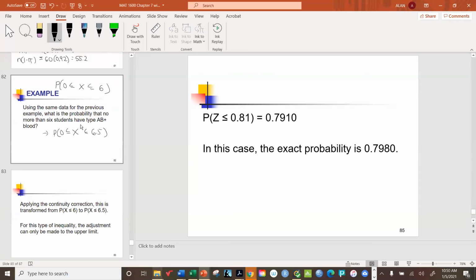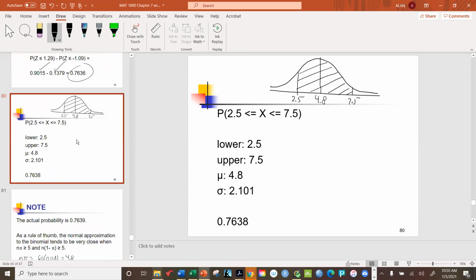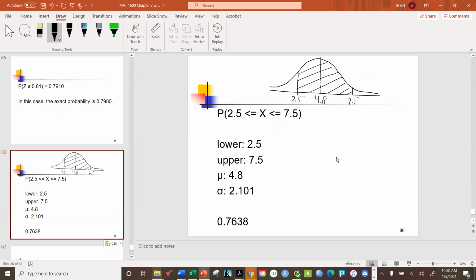If we want to use our calculators, which we probably should, if we can, what we have here now is the range between 0 and 6.5. So let's see what that gives us.